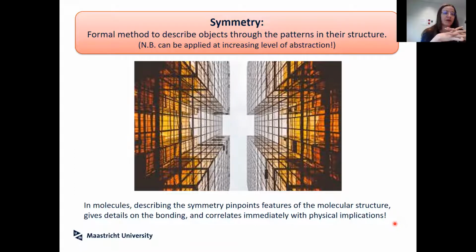This will give you a lot of details on the bonding. It correlates with physical properties because it arises from the physics of the molecule and will be reflected in some properties and behaviors of the molecule, but this we will discuss more in the live session of the week.